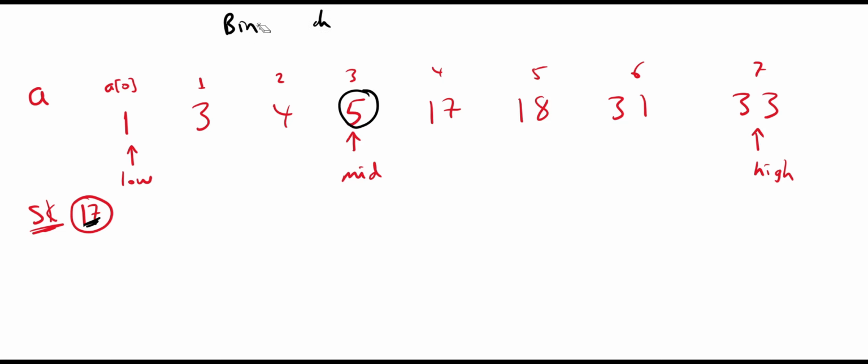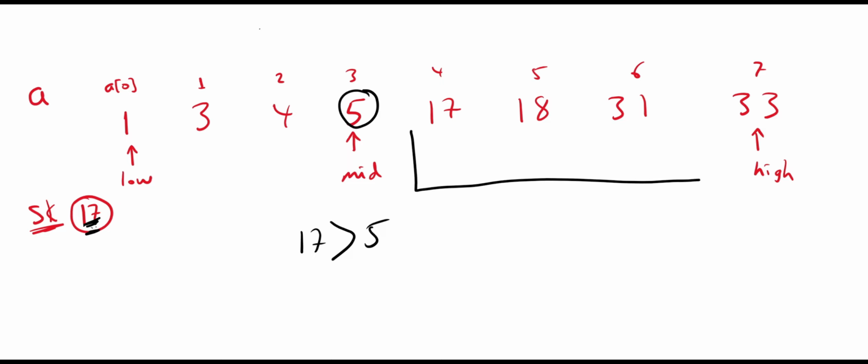In this situation, when we see that 17 is not equal to 5, we compare them. If 17 is less than 5, we will consider the left part. If 17 is greater than 5, we will consider the right part. And here, 17 is greater than 5. Since 17 is greater than 5, I am sure that the number I'm looking for, if it exists in the sequence, will be in this part.